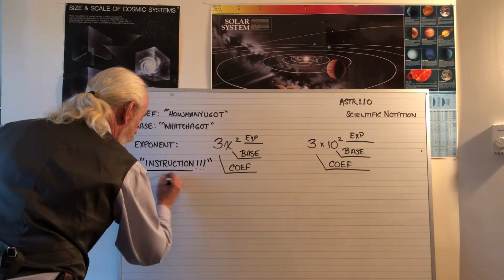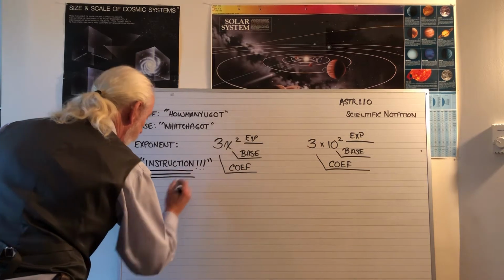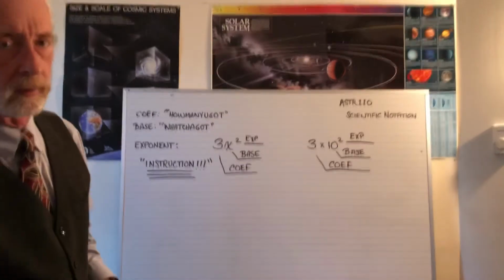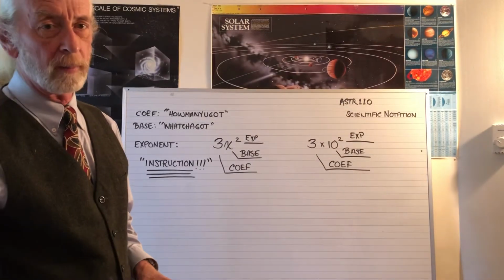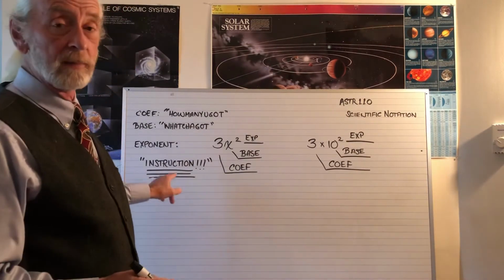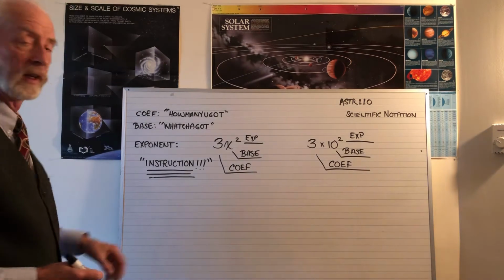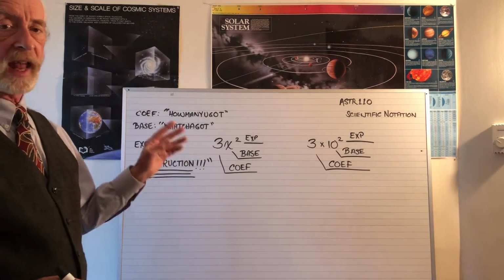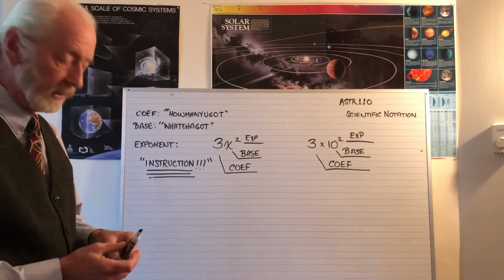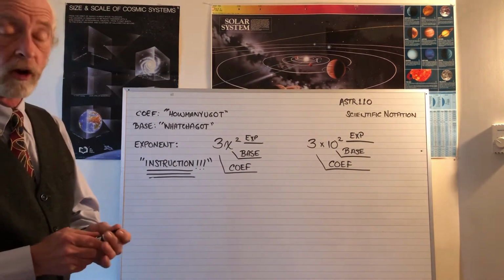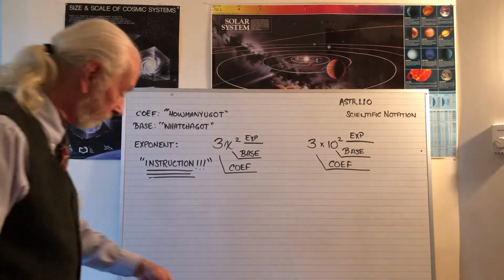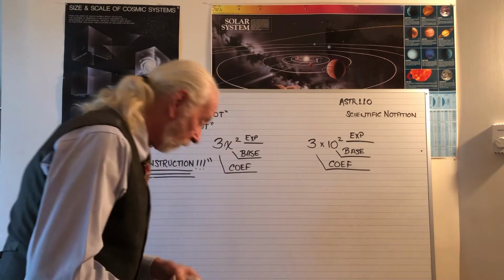It's an instruction. And when I stomp, that means that's heap big important. Don't you forget it. This is going to be critical. It's an instruction. That is going to help you along, and you'll see. Okay, so we'll go to the next page.